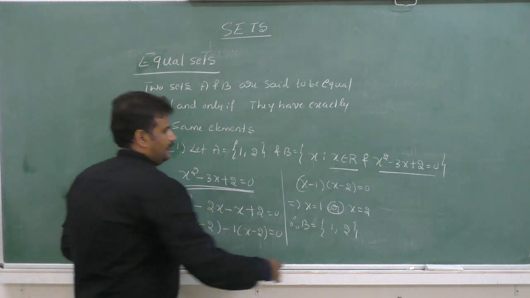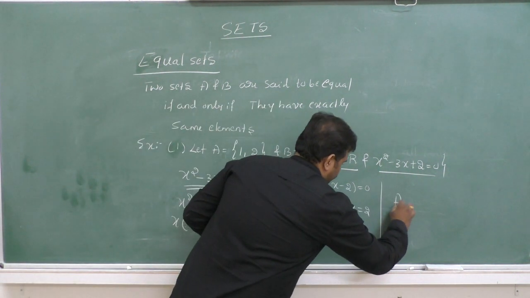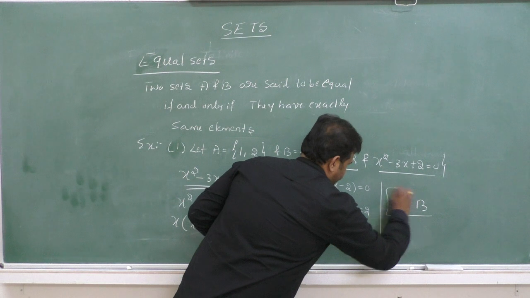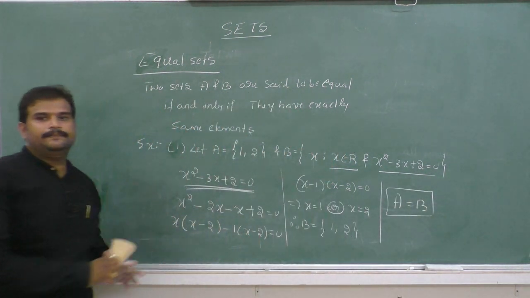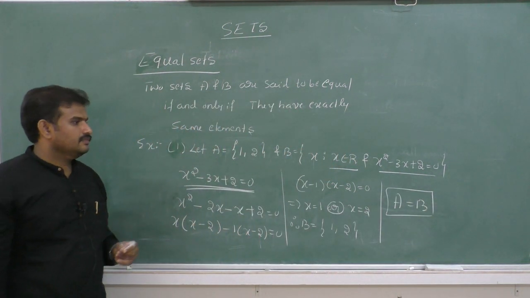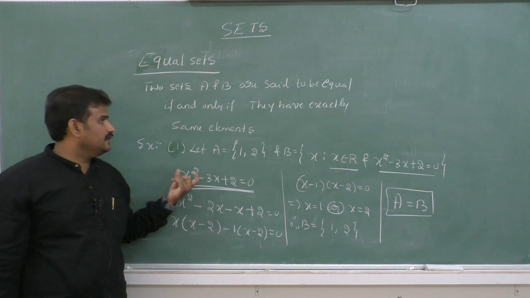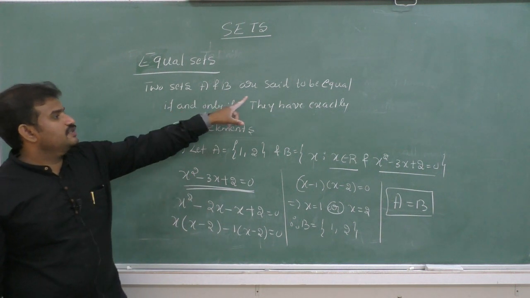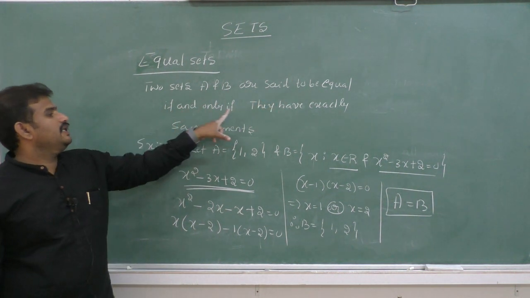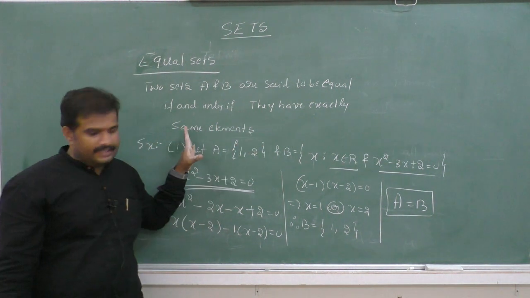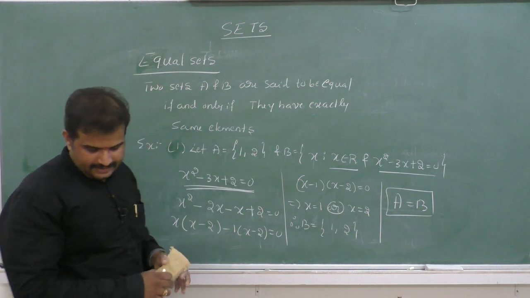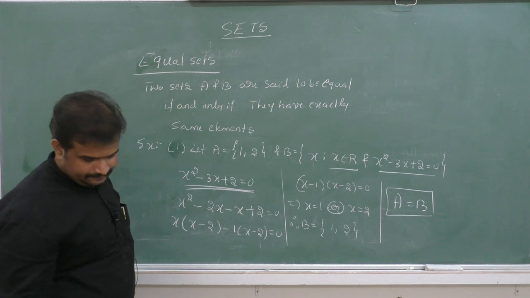Clearly, your A is equal to B. This is the example of your equal sets. So, ಯಾವಾಗ ಎರಡು ಸೆಟ್ನ ಈಕ್ವಲ್ ಅಂತ ಹೇಳ್ತೀವಿ? Two sets A and B are said to be equal if and only if they have exactly same elements.